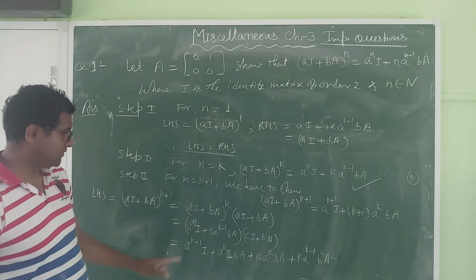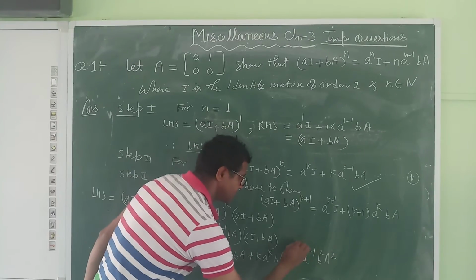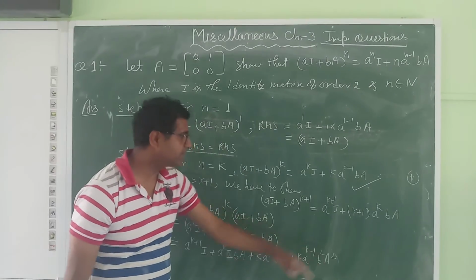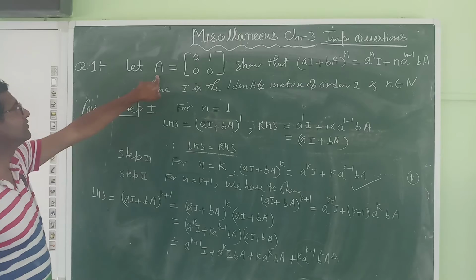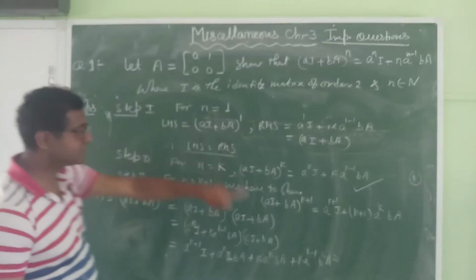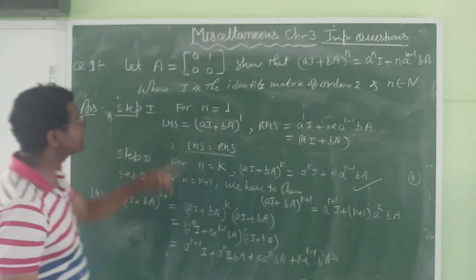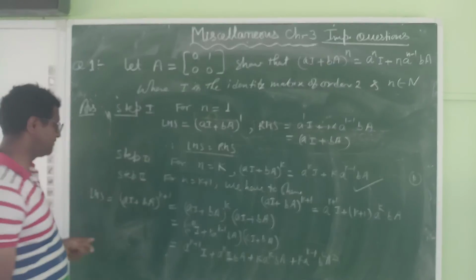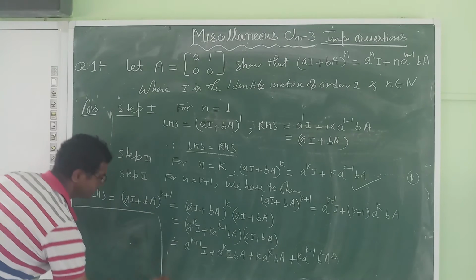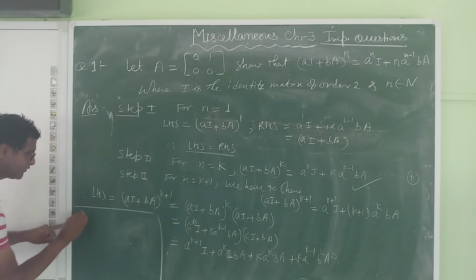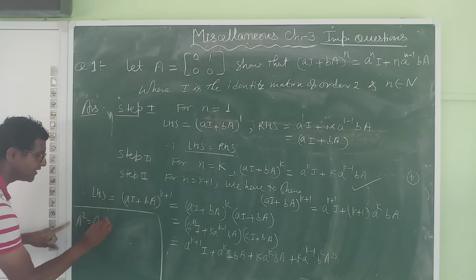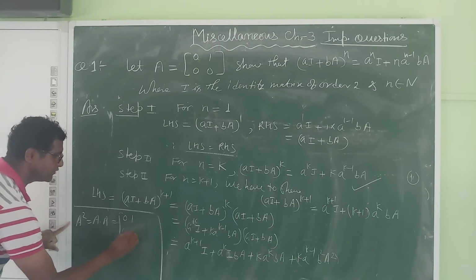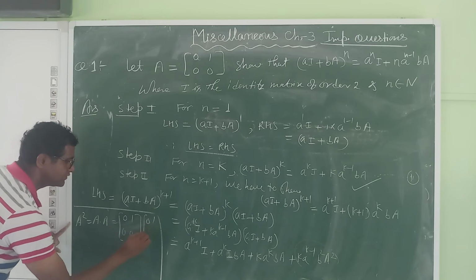Now the fourth term is very important. We have to find out the value of this term by the help of the matrix A, because here is A squared. So at first I will find out A squared after multiplying matrix A by itself. I am doing this here. A squared is A into A, means matrix 0 1 0 0 and 0 1 0 0.